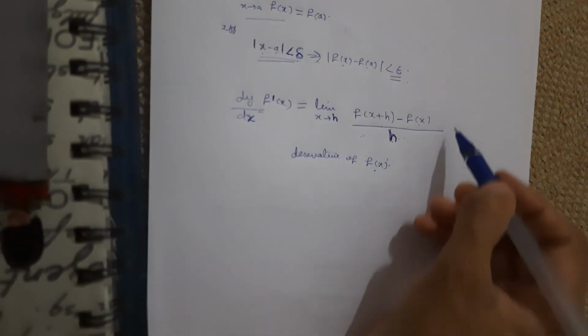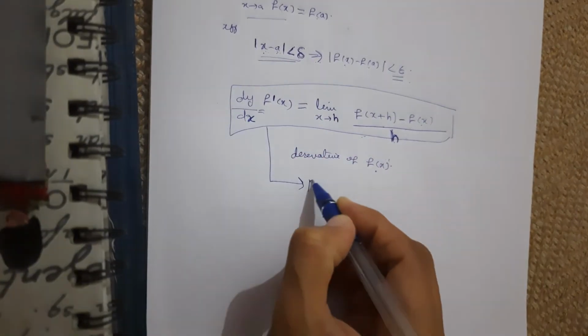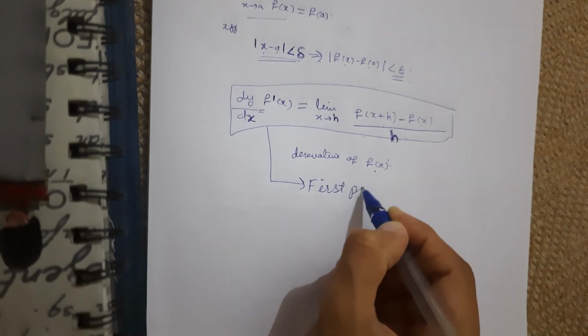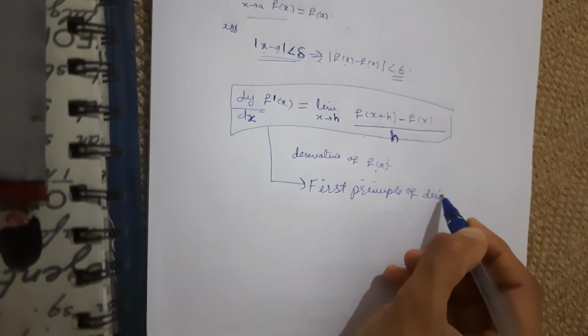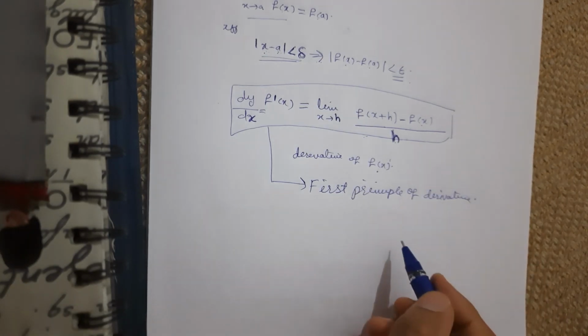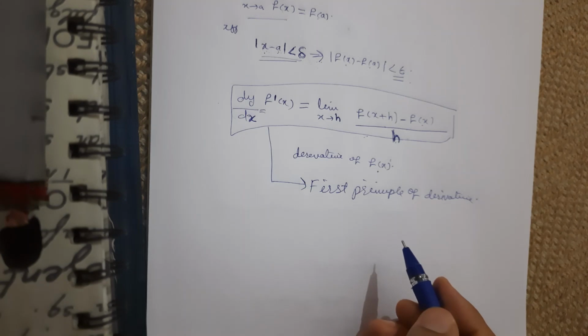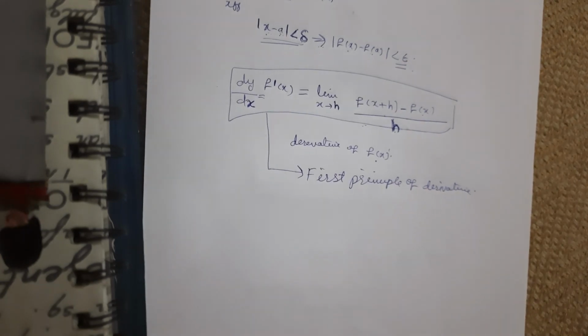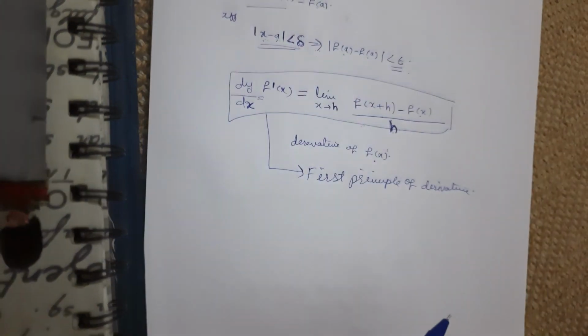Okay, and this formula is called the first principle of derivative. So the derivative we are going to learn in detail, what exactly it is and why it is called the derivative and so on. But till now just understand what is limit, we have seen what is limit and how it's related to the derivative.